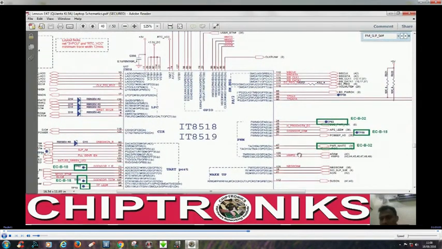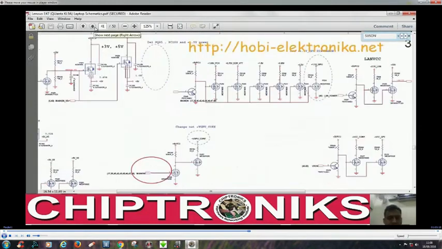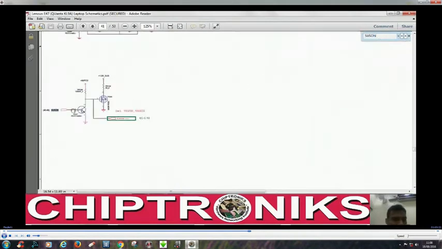Now you can see the sus on signal is going to the various voltage regulators, on page numbers 41 and 43. Let's go straight to page number 41, and you can see sus on over here. It is going to the base of this transistor, so this transistor will turn on.